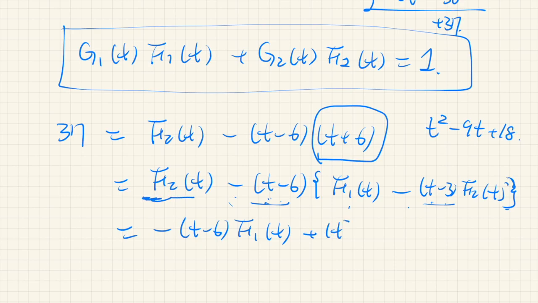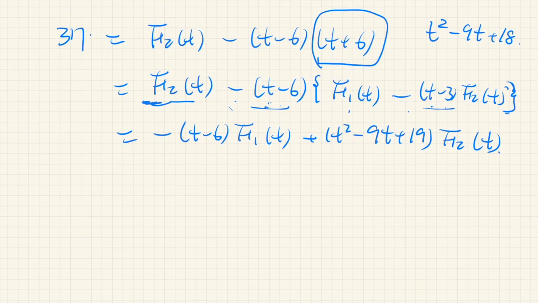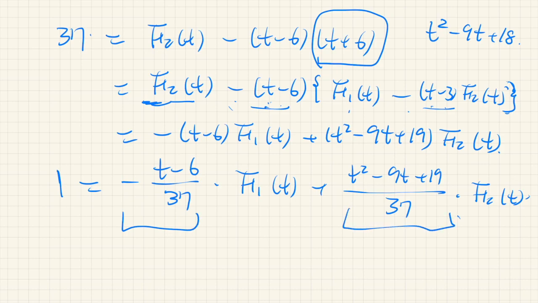So that would be (t squared minus 9t plus 19) f2 of t. So let's divide both sides by 37. Then we have 1 equals negative (t minus 6) over 37 times f1, and this polynomial here, (t squared minus 9t plus 19) over 37, times f2. So this is g1 and this is g2. So as the lemma claims, we have found these polynomials.